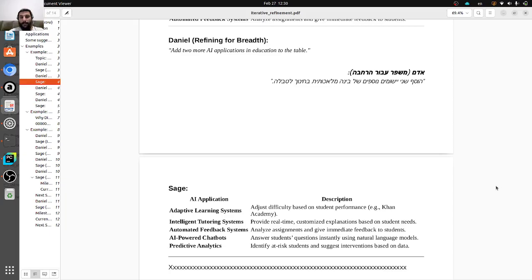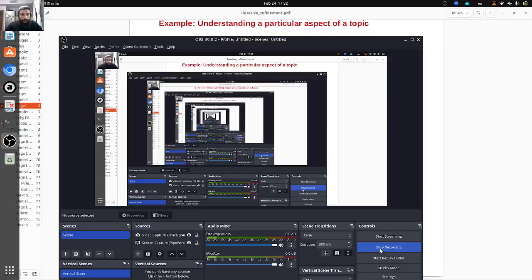And taking a look at Sage's response, we see that here Sage displayed a larger table that includes 2 more examples here at the bottom: AI powered chatbots and predictive analytics.